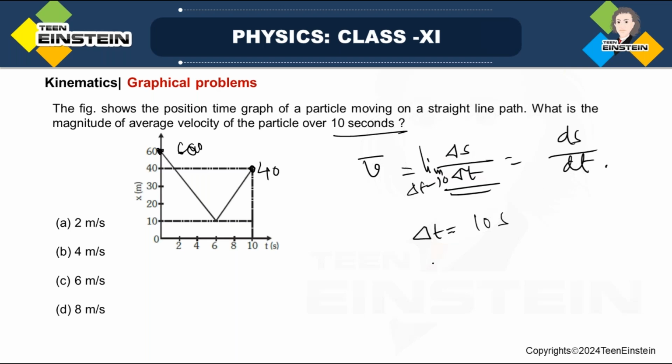The displacement is actually, so ds is actually 60 minus 40.